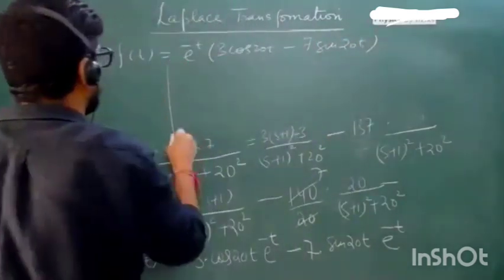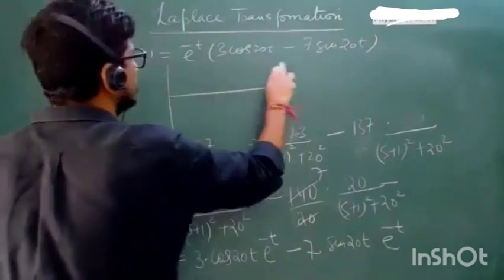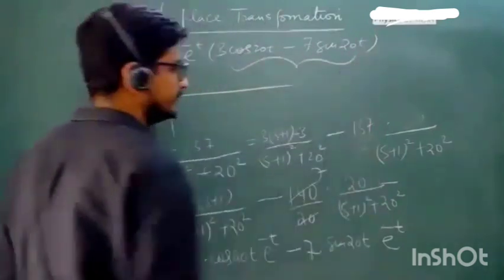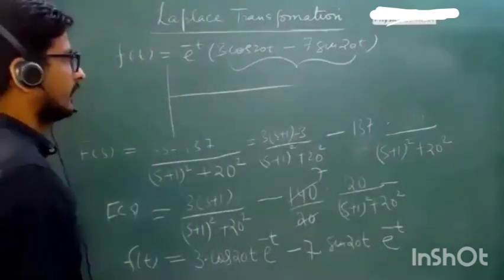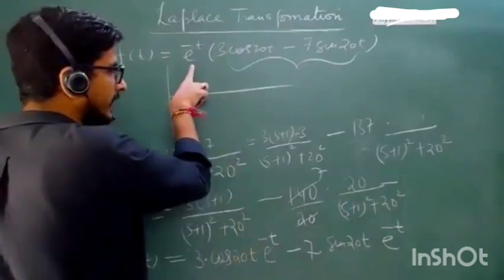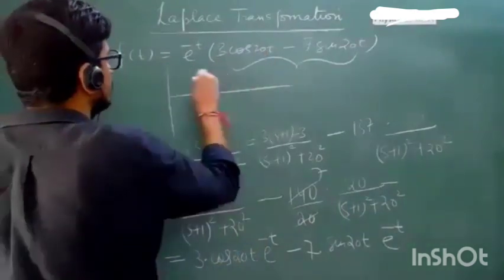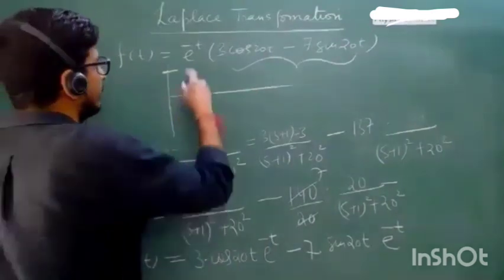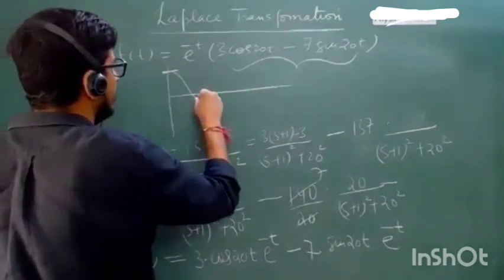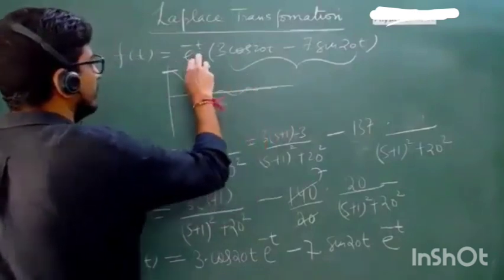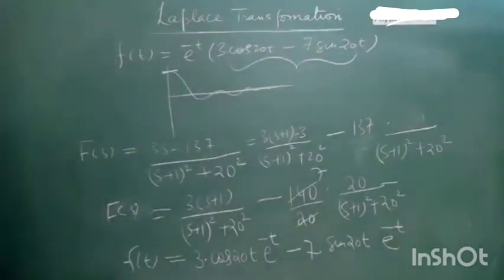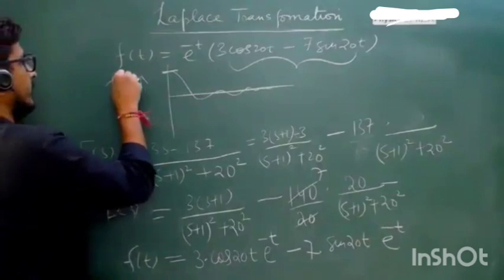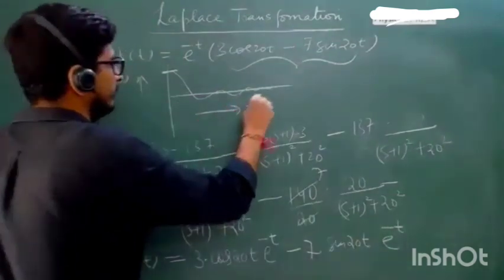It can be plotted because this is a sinusoidal function, and this is exponentially decaying. So at t is equal to 0, it will have some value, and after it, it will be oscillating and decaying because of this term. So you can just plot it, f of t and t.